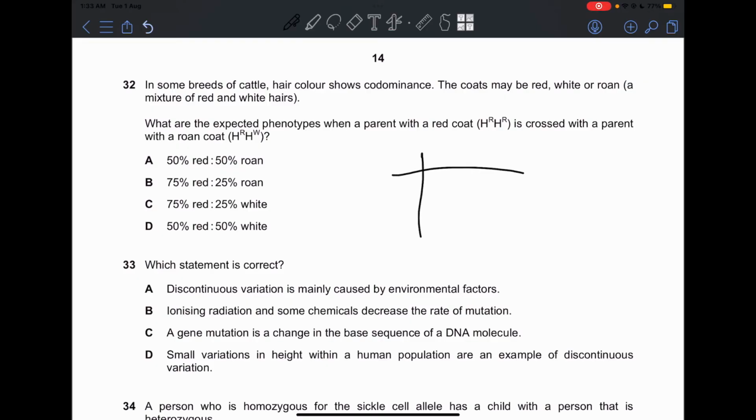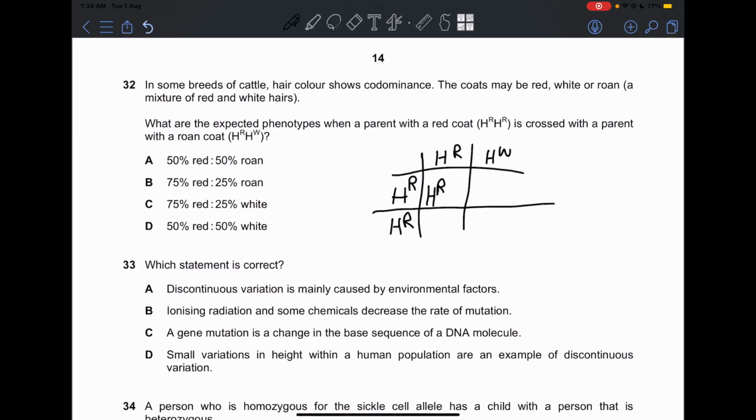So this is a Punnett square. You're going to be putting the genotypes of both parents. So I'm going to be putting the red coat over here and the brown coat up here. And you're going to be drawing lines like this to separate. So this is a very organized way to cross because some people will get confused from the other way, and this is also the way that you should use in paper 4.